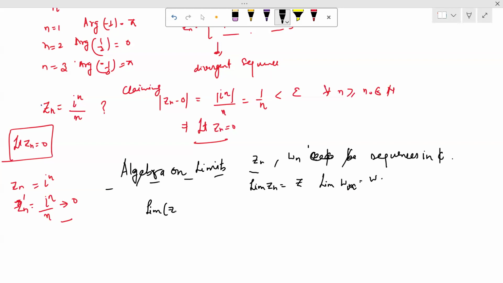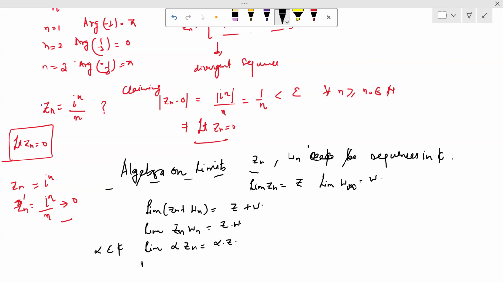That is, the limit of Zn plus Wn converges towards Z plus W. Then the limit of Zn times Wn converges towards Z times W. And if I multiply with alpha, where alpha is some complex number, this converges towards alpha times Z.